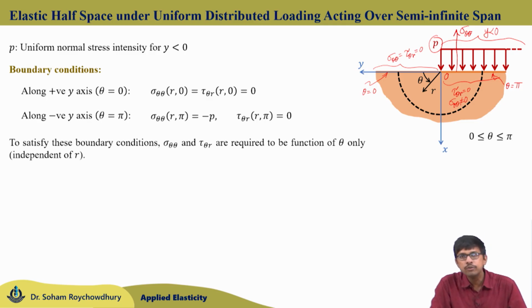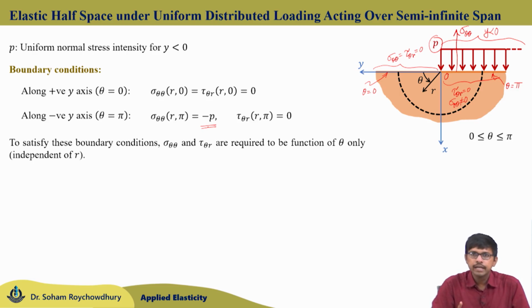Now, if you look at the boundary conditions, all these surface tractions are constant. Three of them are 0 and one is non-zero but constant, because P is a constant. Now, if we want to have constant stress, sigma theta theta and tau theta r must be constant or functions of theta only. They should not be functions of r.